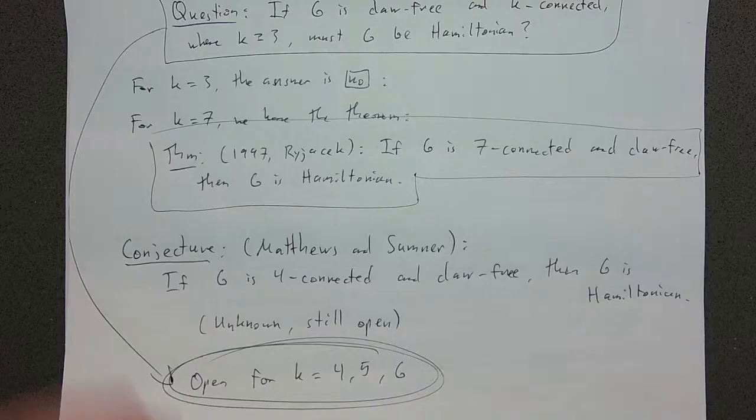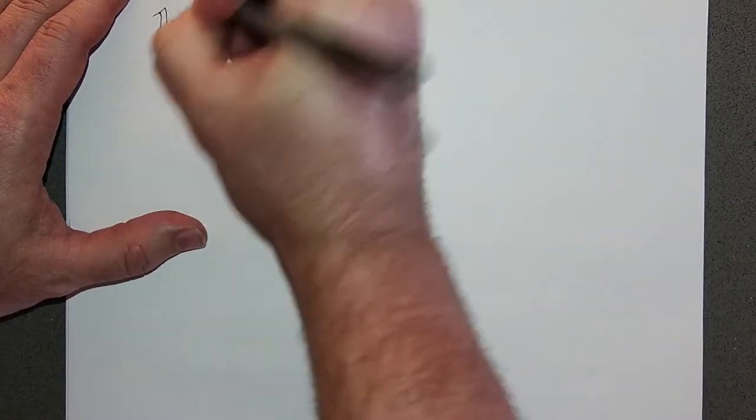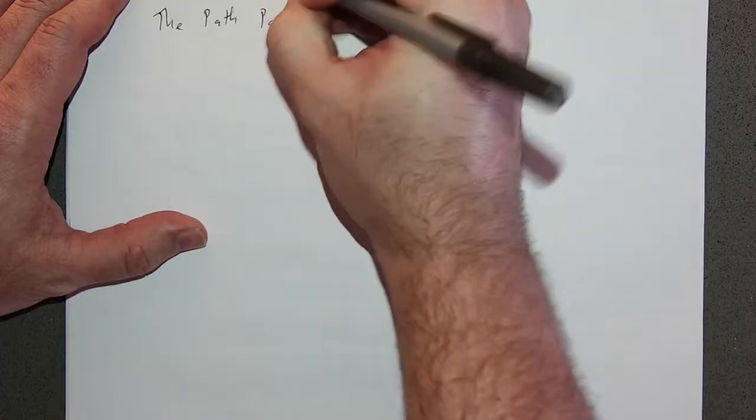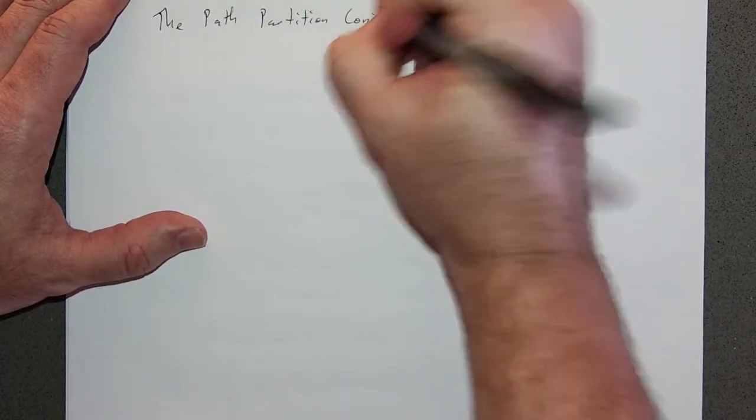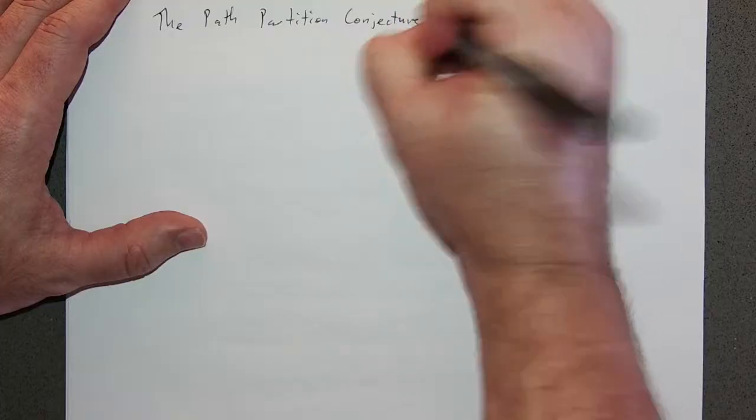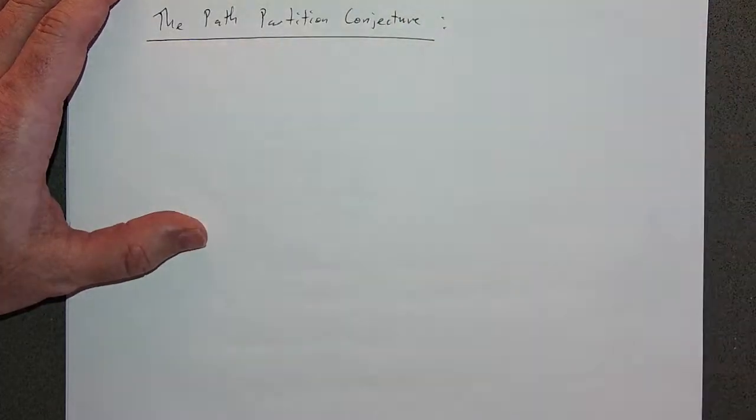All right. One more open problem. This is called the path partition conjecture. Before I can actually state the path partition conjecture, I need to define a few terms, some notation.